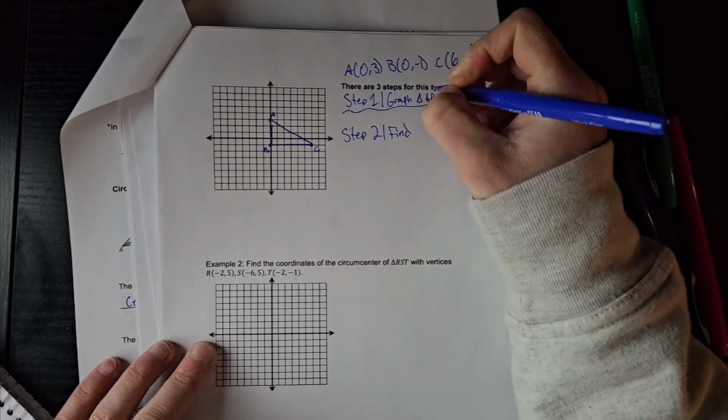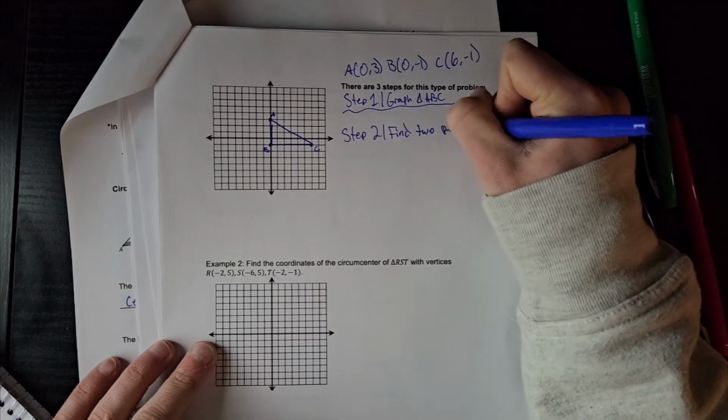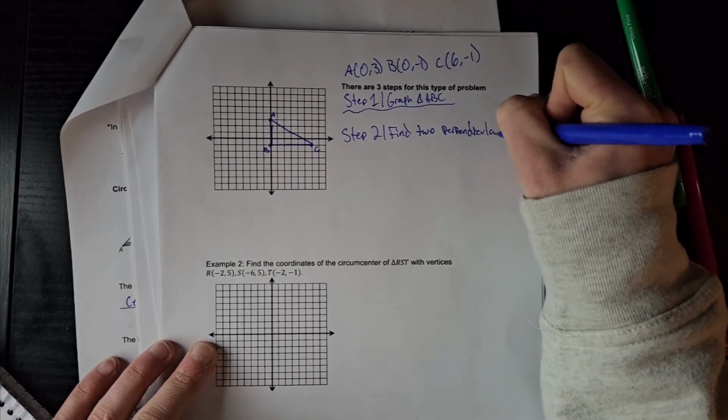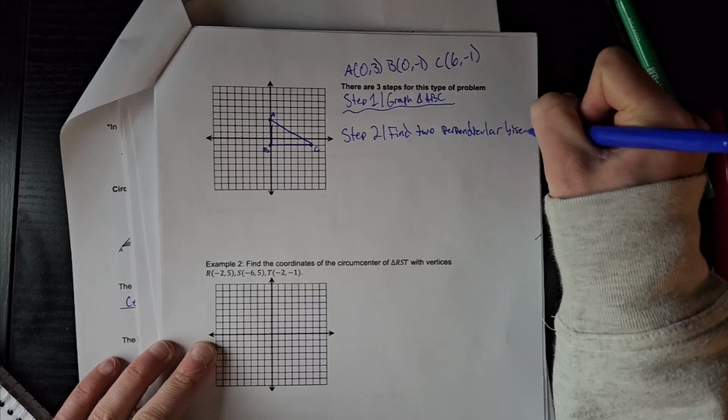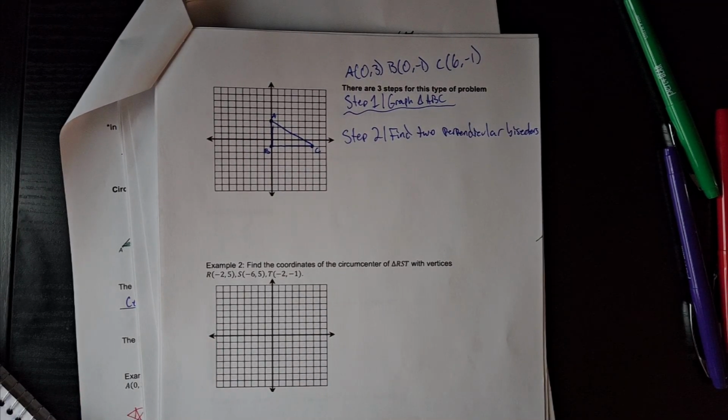Find 2 perpendicular bisectors, which means we need to find right angles. That is the goal for us to find.